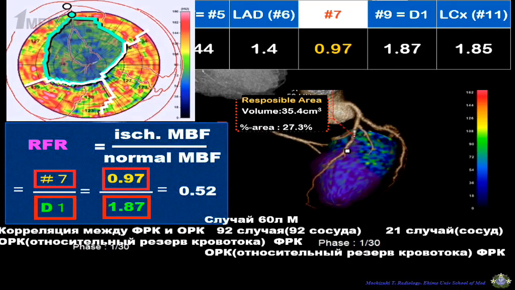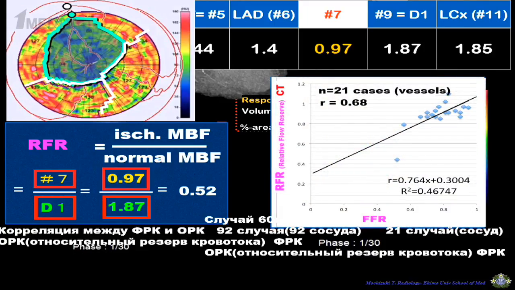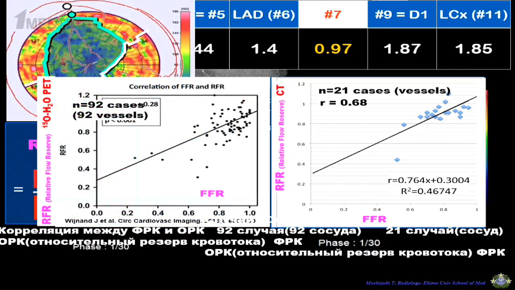And when we use the relative flow reserve, such as ischemic myocardial blood flow divided by the normal area, this is very pretty, like the FFR. So the x-axis is real FFR, the y-axis is relative flow reserve by CT. This is very similar to the data of the water PET image. So CT can do this.